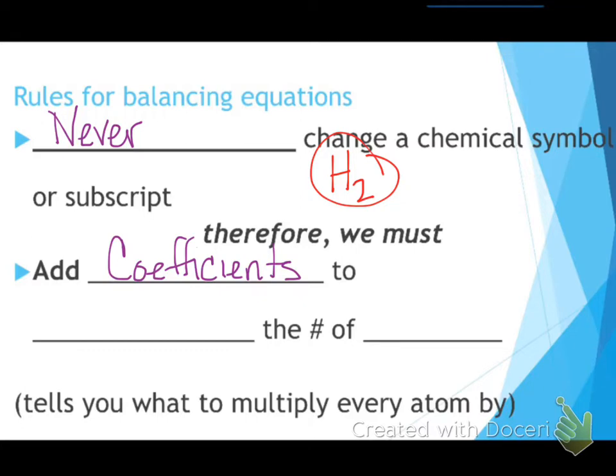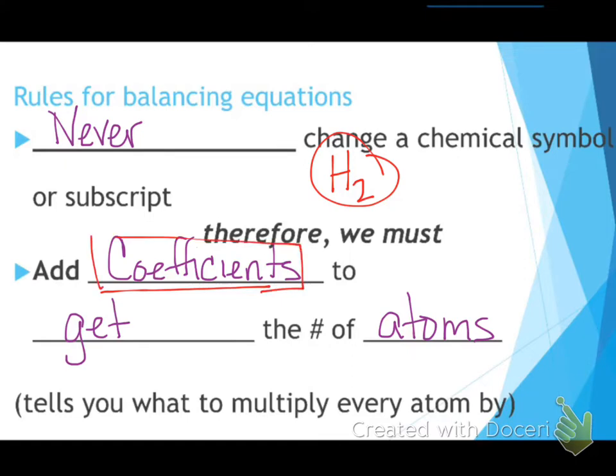The only part we can mess with is we can add coefficients to get to the number of atoms we need. Our coefficients, remember, are the big numbers in front. So if I wanted to add coefficients to this H2 here, I'd have to add a number there. That's the coefficient. That's what we can mess with. We can't ever mess with the element symbol or the subscript. The coefficient tells you what to multiply every atom by.